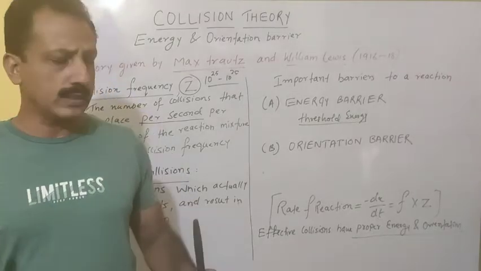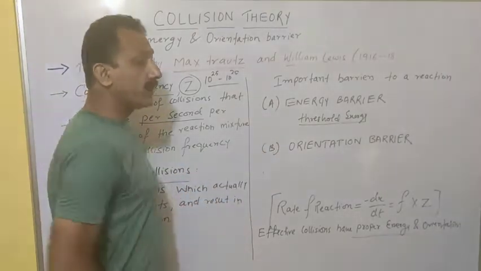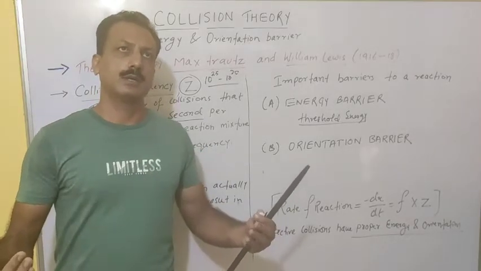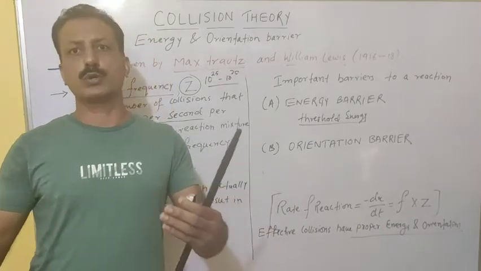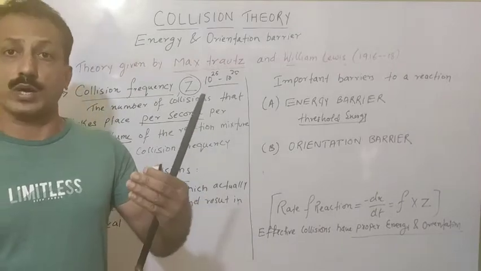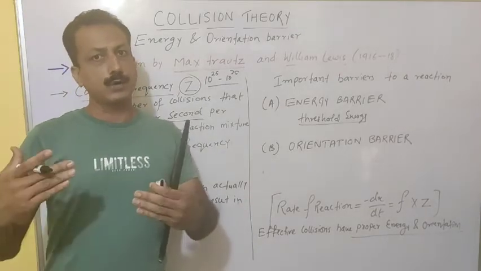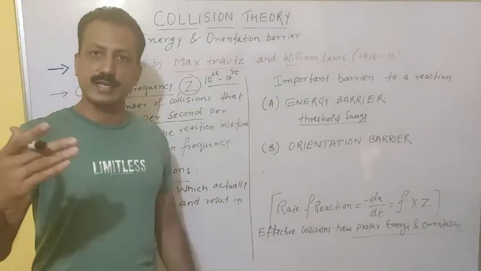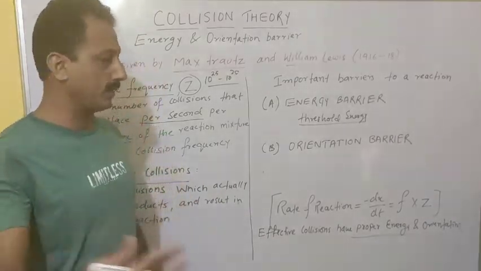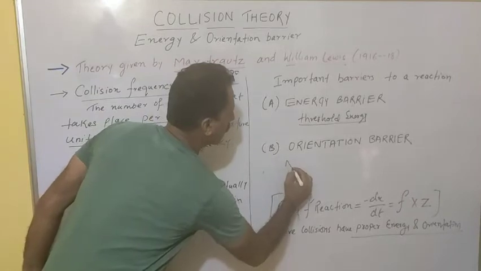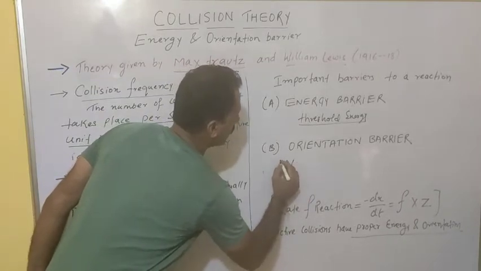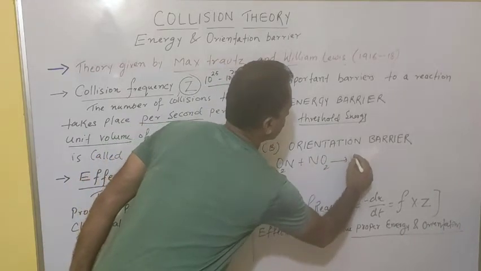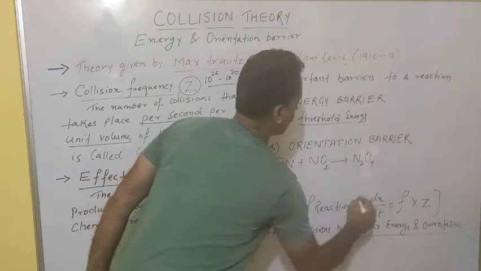Secondly, it is the orientation barrier. Suppose there are two reacting species colliding with each other, but the orientation of these two species is not in line. In that case, again, the product formation will not take place. I can give you an example. For example, we have two molecules of NO2 which combine to form N2O4.